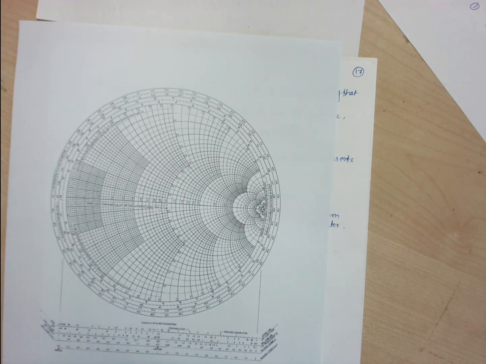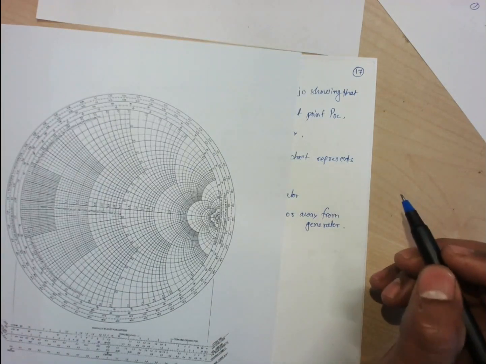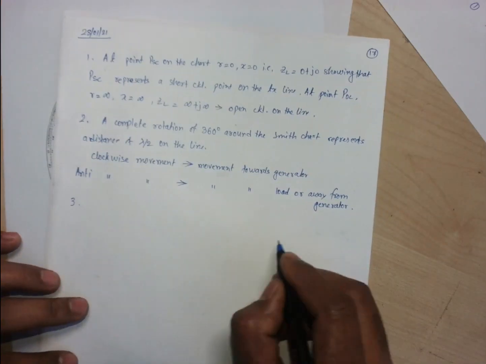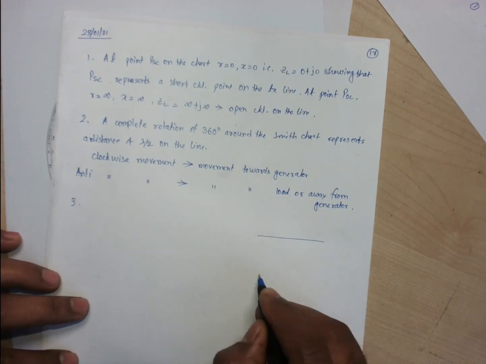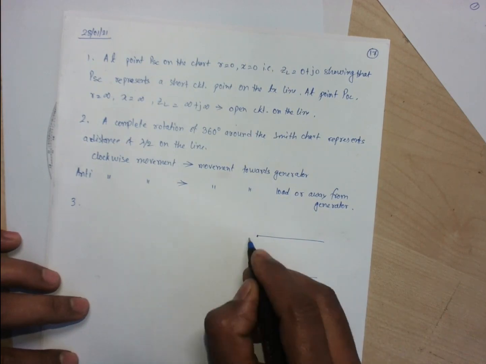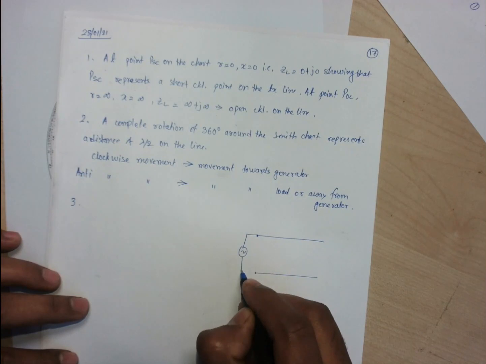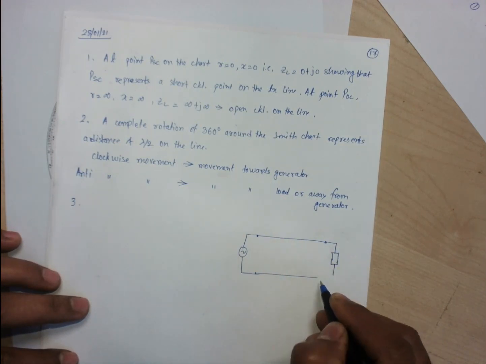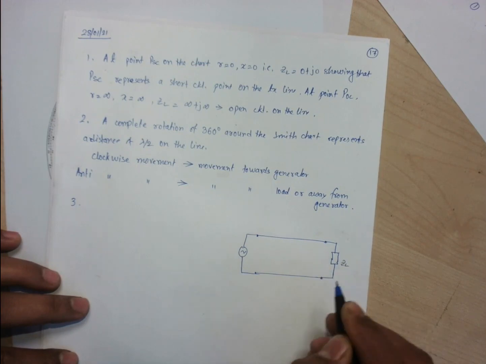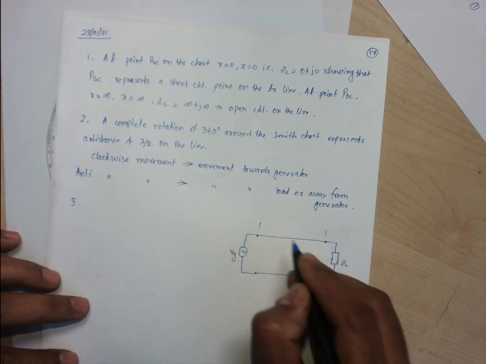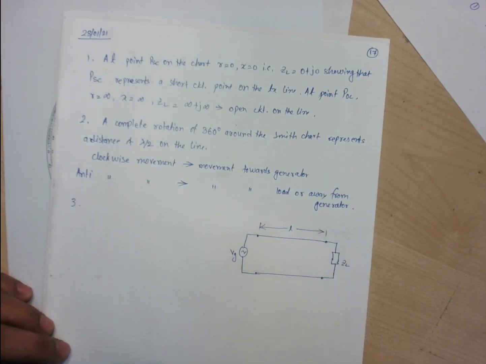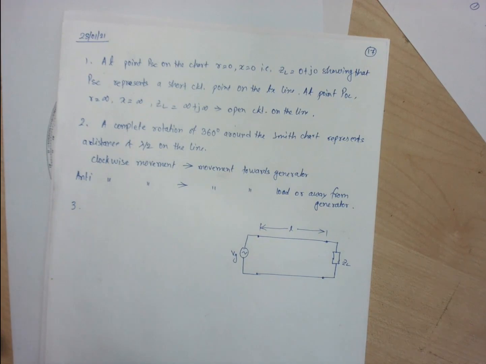If the forward movement has the electrical length beta L, considering this transmission line, the source connected at this point and the load ZL connected here, with VG, this has the physical length L, but we need to consider the electrical length, that is 2 beta L.